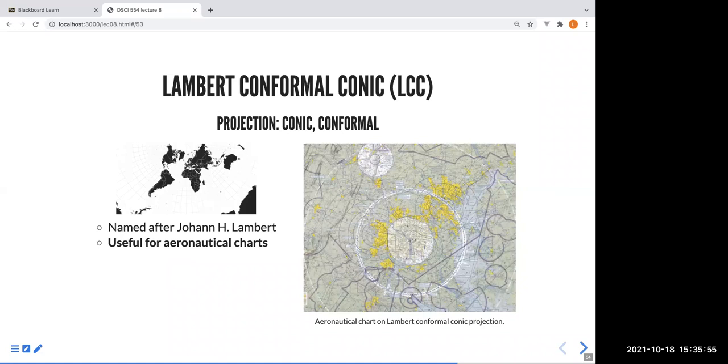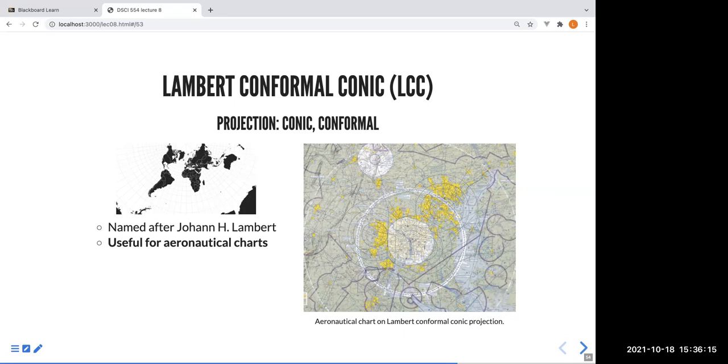These are less useful, but they're used in other contexts. The Lambert conformal conic. The Lambert again is the inventor. Conformal means the shapes are preserved, and conic is using a conic projection.